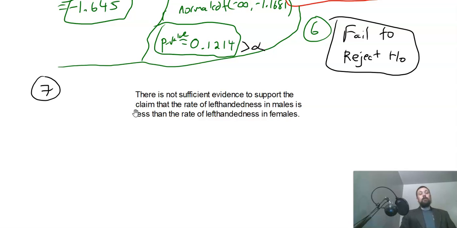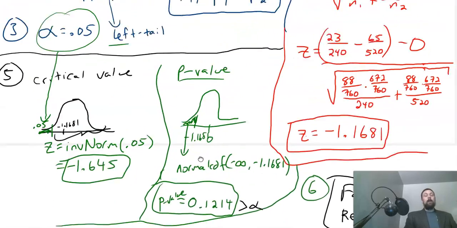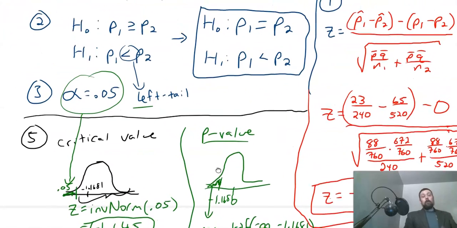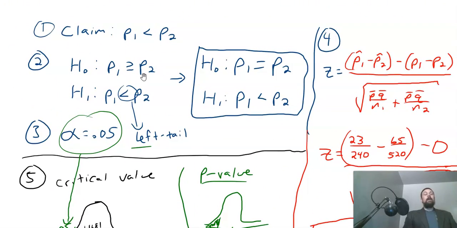So our final conclusion then is that there is not sufficient evidence to support the claim that the rate of left-handedness in males is less than the rate of left-handedness in females, right? We fail to support the claim this time because the claim is the alternative hypothesis, not the null hypothesis. We are failing to reject the null, which means we are failing to accept the alternative.